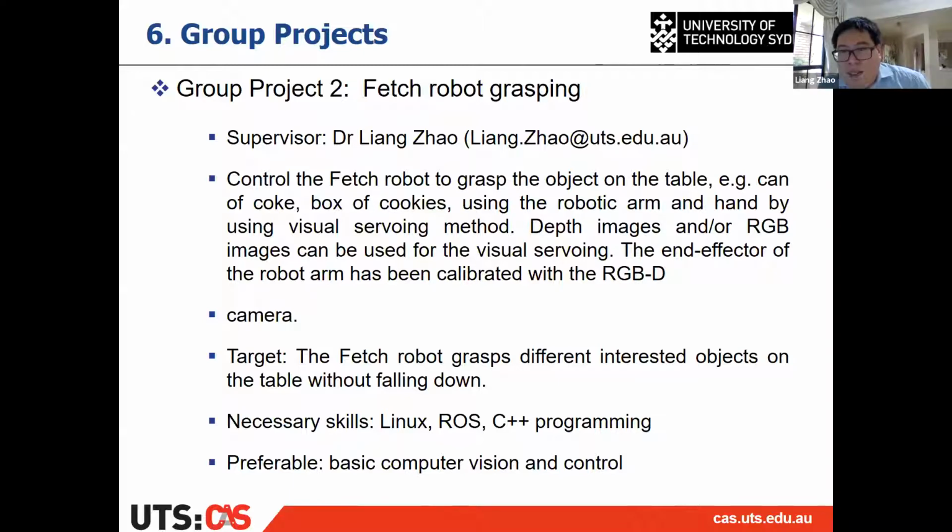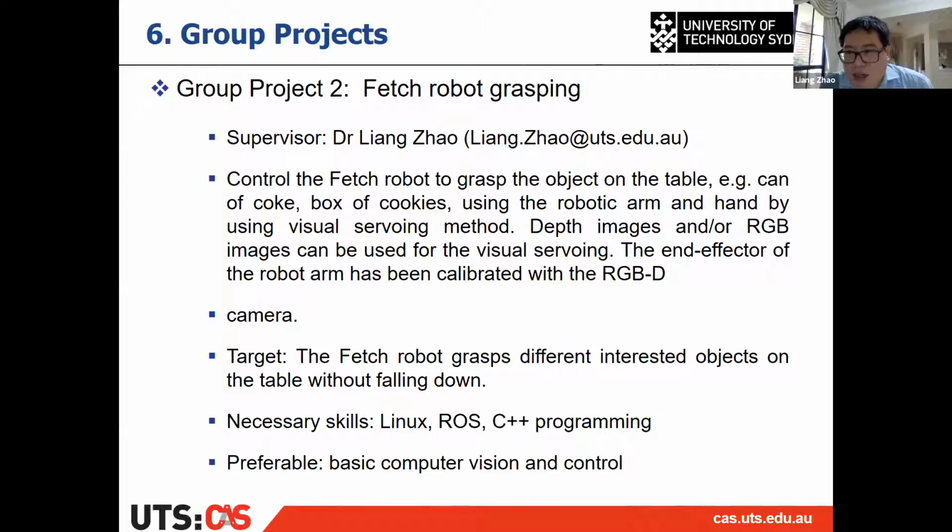All right, and for this project, the minimum number of objects you're considering is 2. Which means you need to consider at least 2 objects at the same time on the table, and the fetch robot can detect which one it's going to pick up.